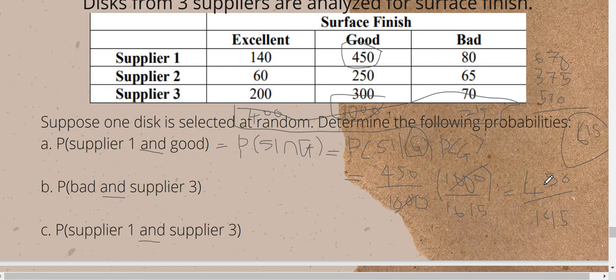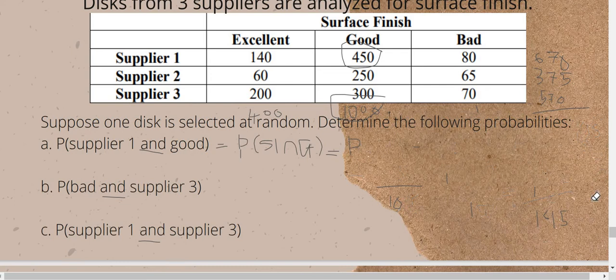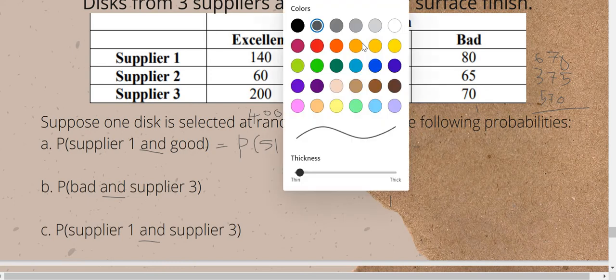Okay class, maybe some of you will wonder or ask, Miss, can I switch these two? I will erase all this first.